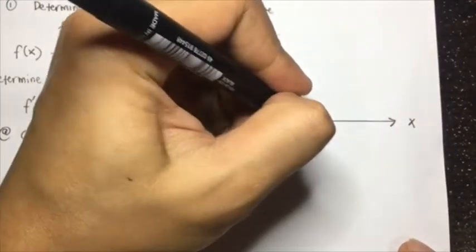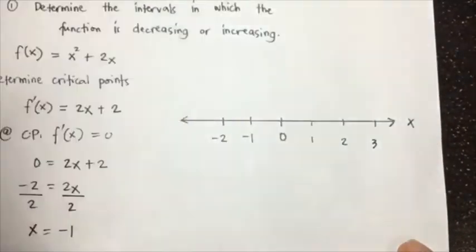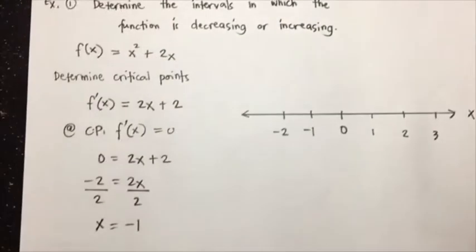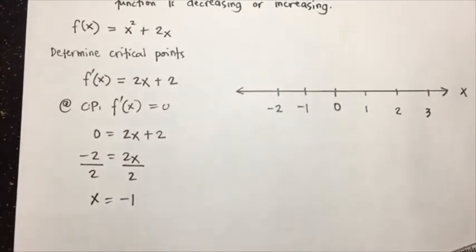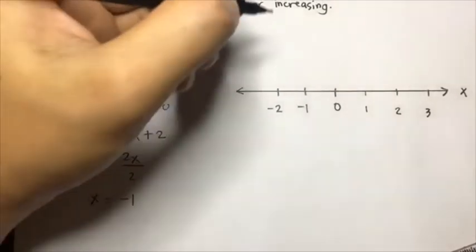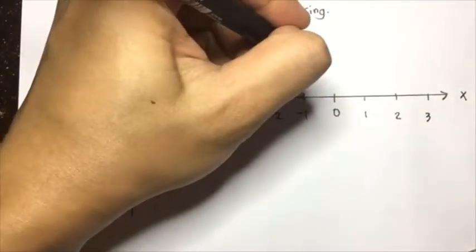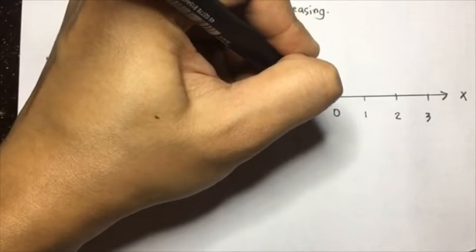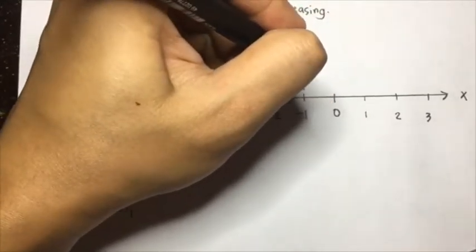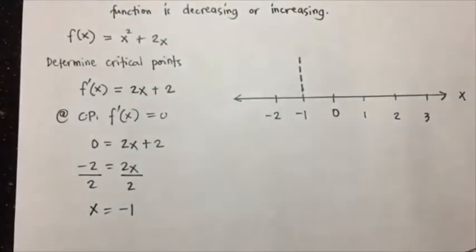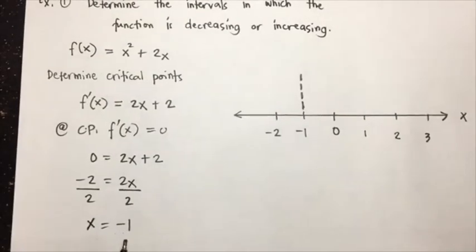On the other side, positive 1, positive 2, 3, and so on. So we will mark this critical point, because this will divide the interval. So therefore we only have two intervals.